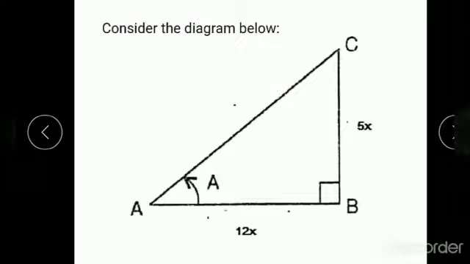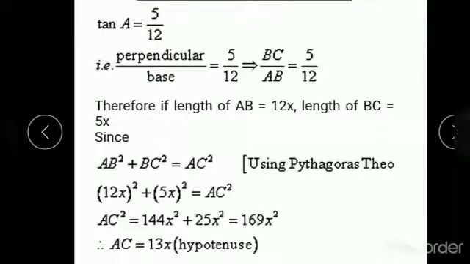So using the Pythagoras theorem, what do you get? AB square plus BC square is equal to AC square, right? So AB is nothing but 12x and BC is 5x. AB is nothing but the base and perpendicular is BC, that is 5x. So substitute here. You get AC square is equal to 12x whole square, that is 144x square, plus 25x square, that is equal to 169x square.